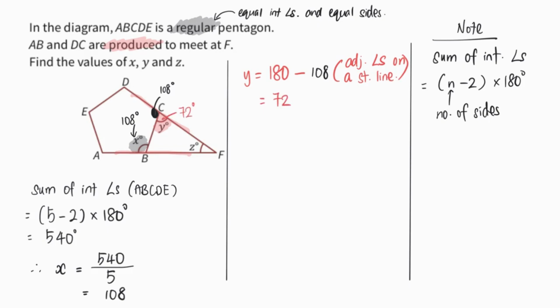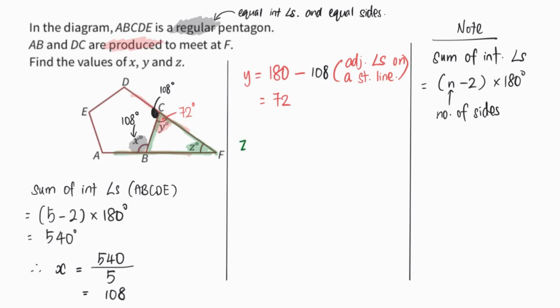Last but not least, do take note that angle x is actually the exterior angle of this triangle. And so, angle x is simply angle y plus z. Okay? Exterior angle of a triangle.